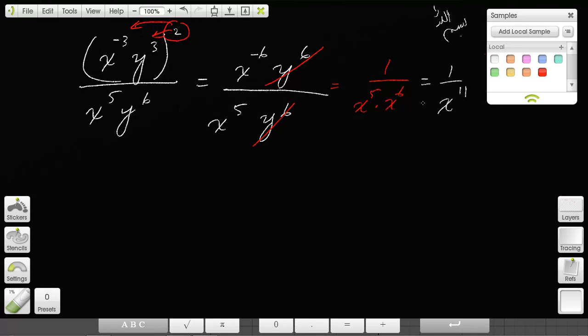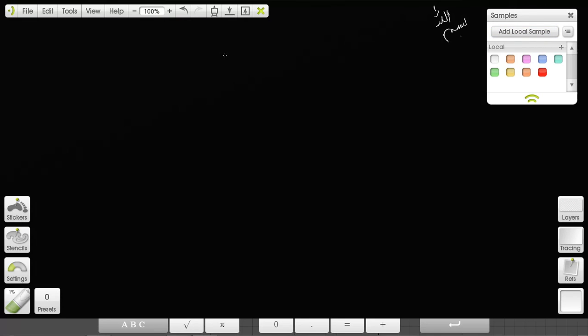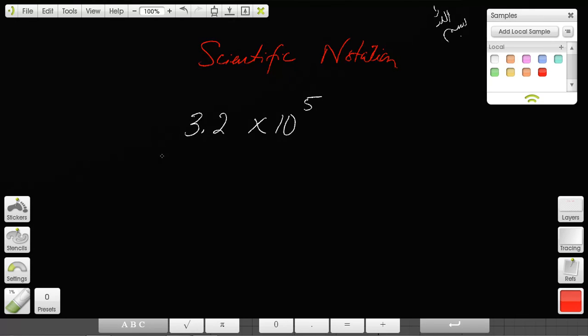In this section, there's a review of scientific notation. Let's do that, and we'll finish. Scientific numbers are basically two component numbers.